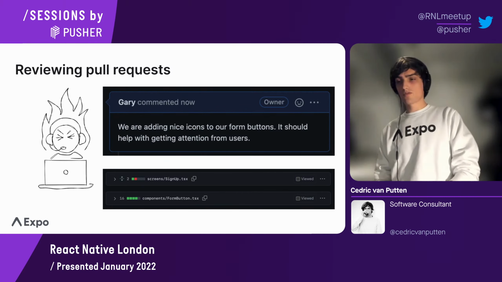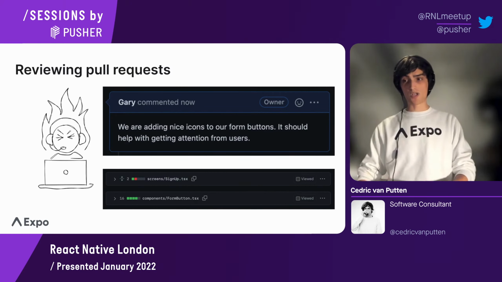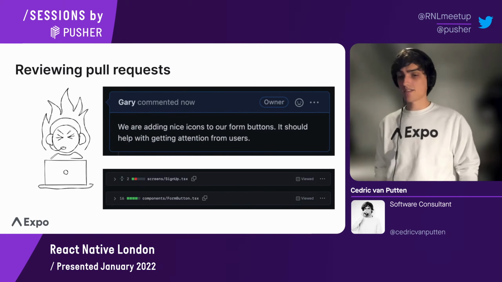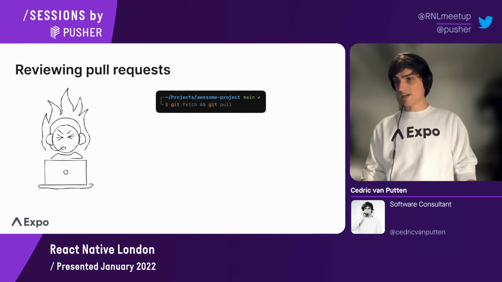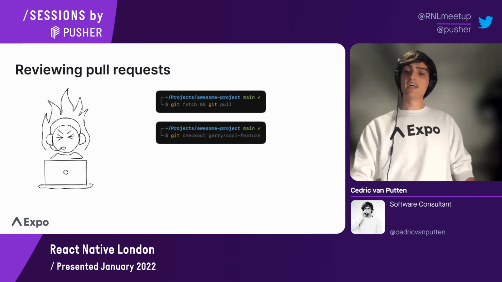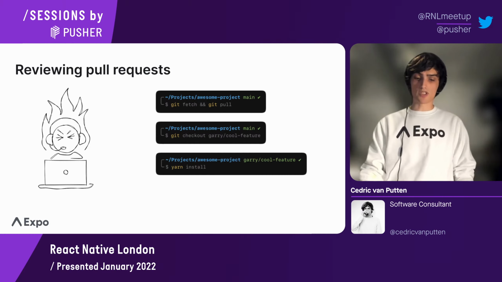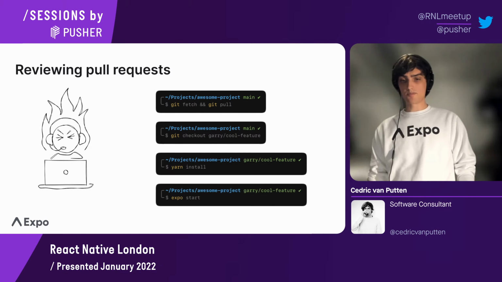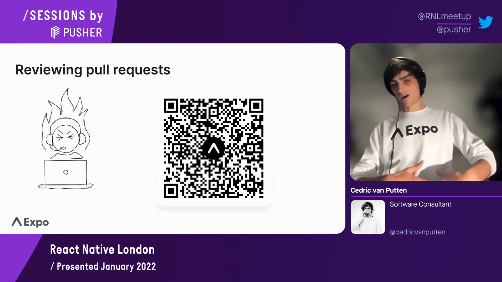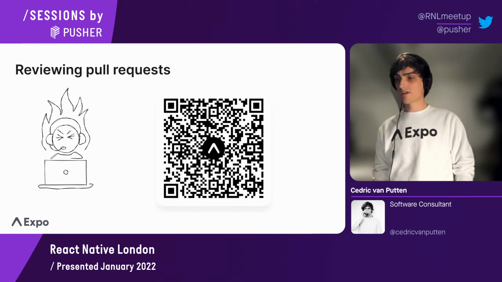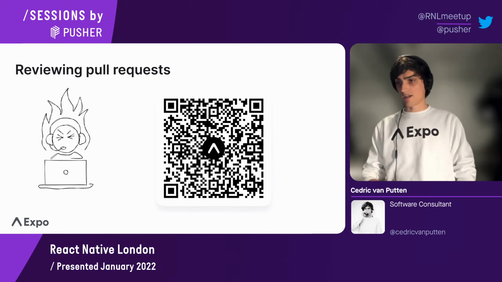In order to make sure that the app is actually working, because Gary thinks that there are more screens that require a form button but he isn't sure, the next step is that he would update his local repo, check out that branch, make sure all dependencies are up to date, since maybe something was added, and actually run Expo start. These things eventually lead up to a QR code that he or she can scan. In this case, Gary can check to make sure that all buttons are working.